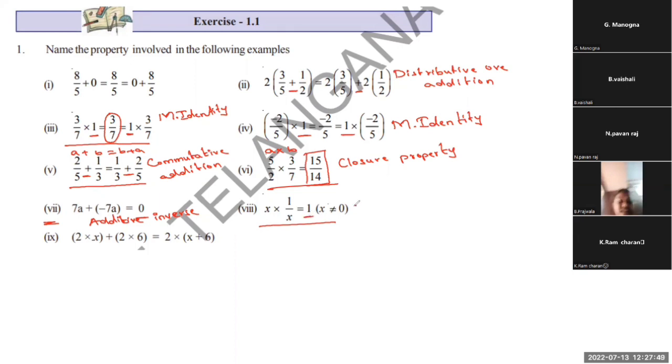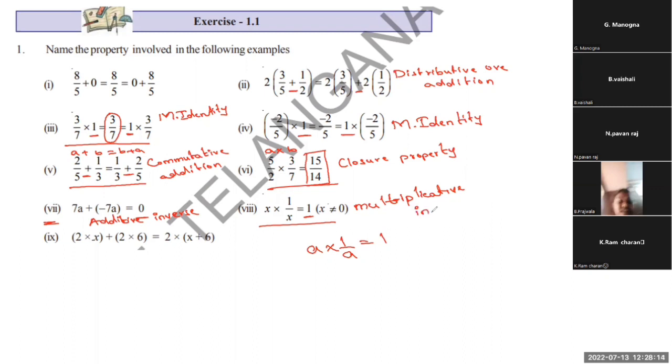Distributive? No. Distributive means 3 rational numbers are required. It is multiplicative. I already said one. a into 1 by a is equal to what? 1. So it is multiplicative. Identity or inverse?